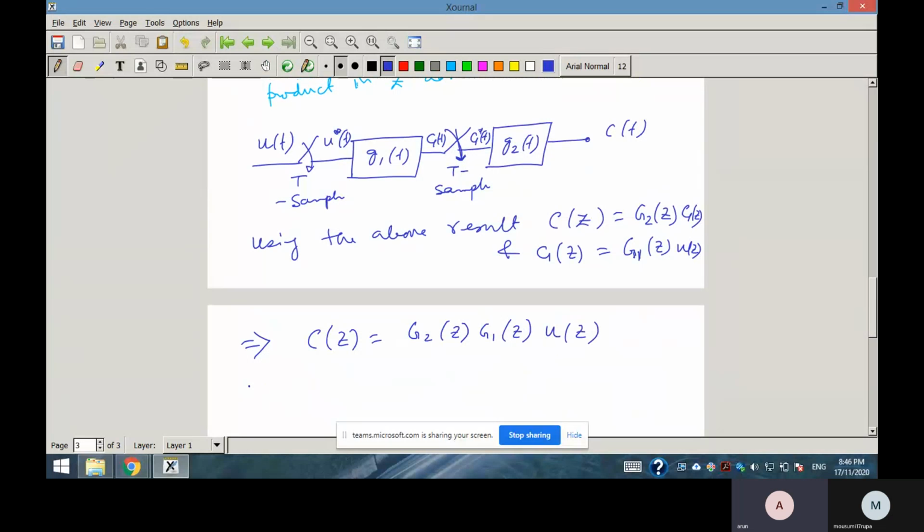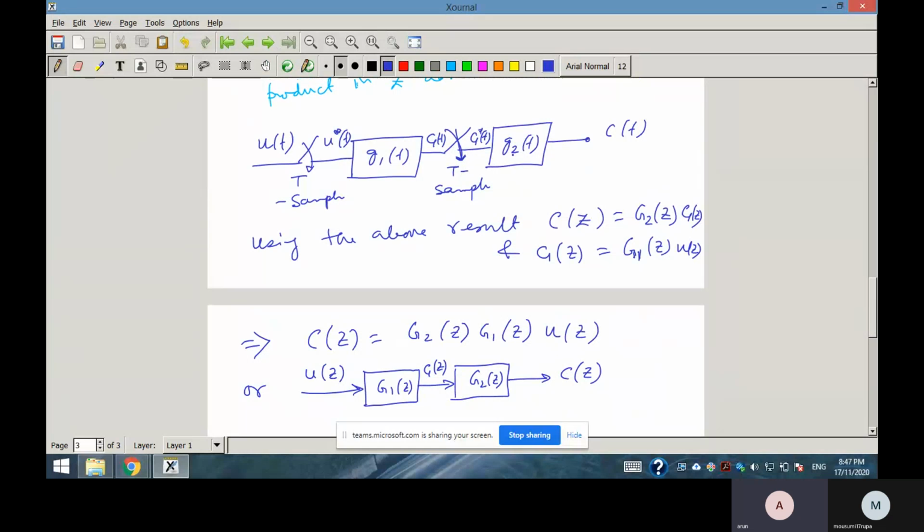Or you can also write in this way: uz, then G1z, then your C1z, G2z, and then Cz.